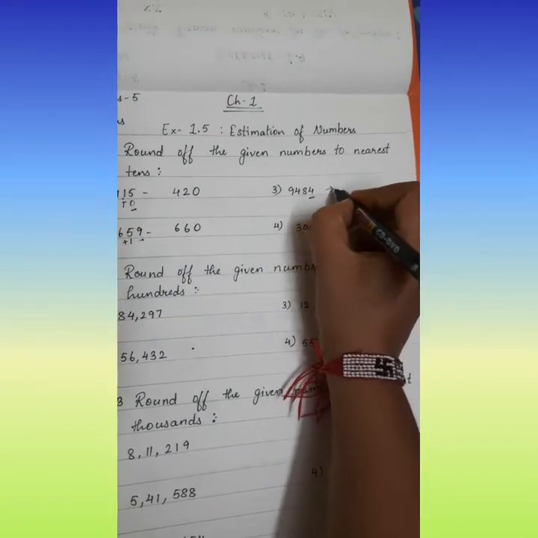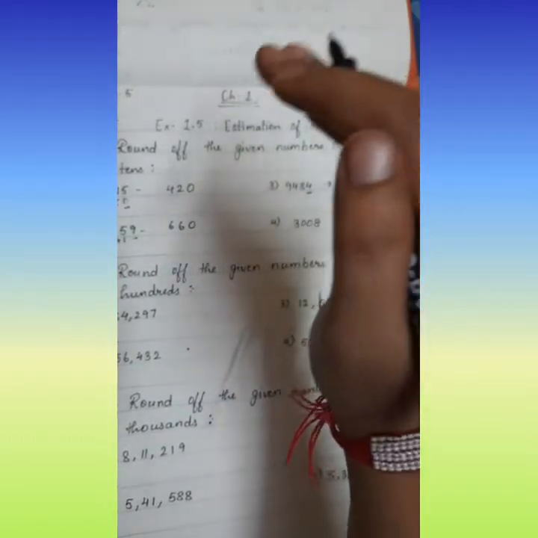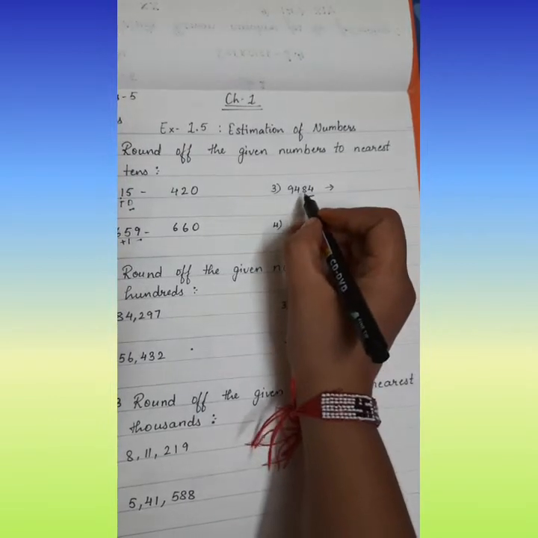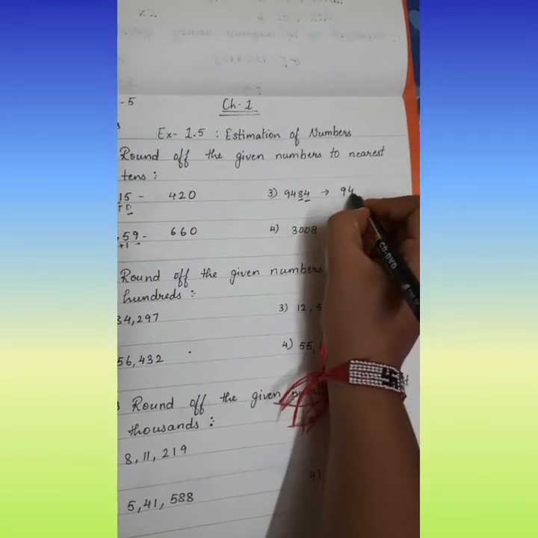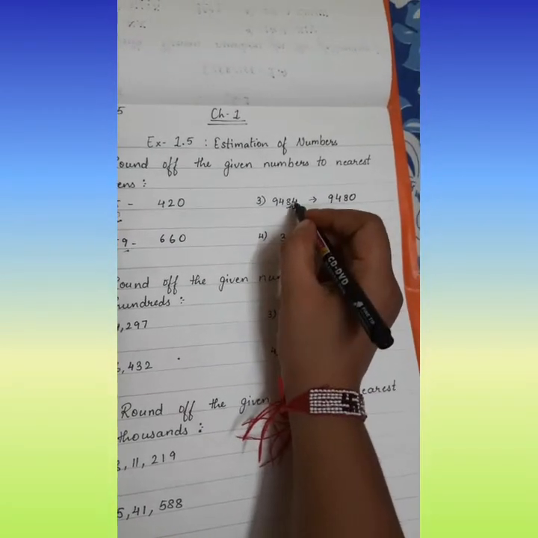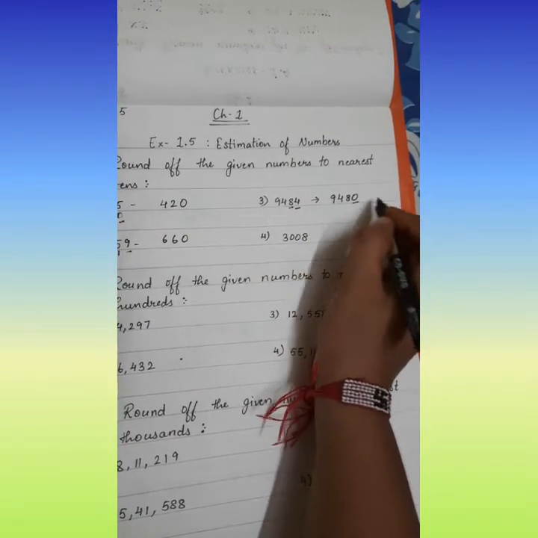That means the number will be rounded down, lowered, and we don't have to change anything at the tens position. The number will become 9480. The ones position's number will be removed and it will become 0 only.